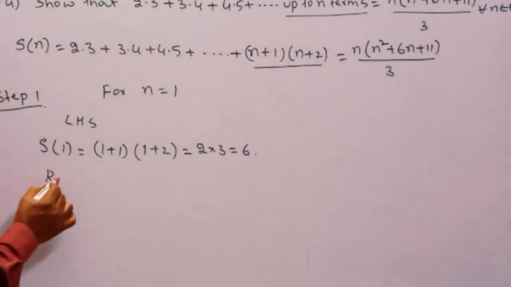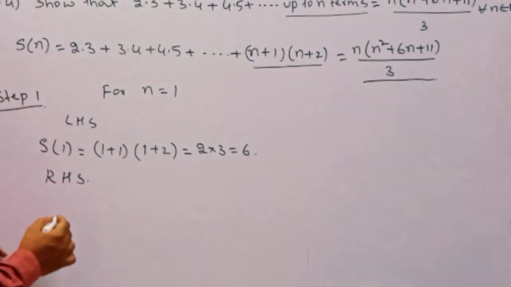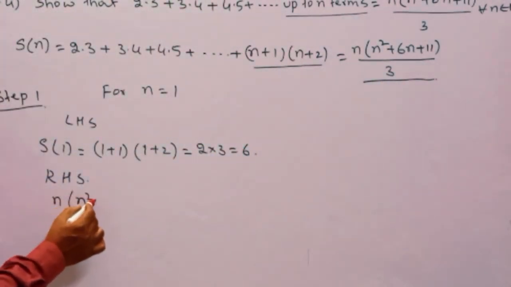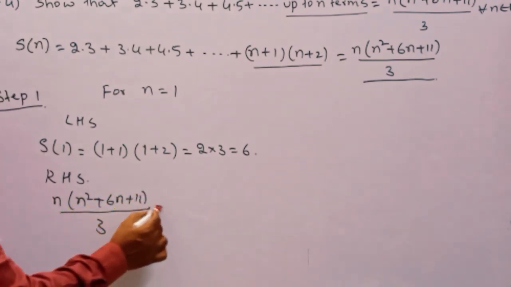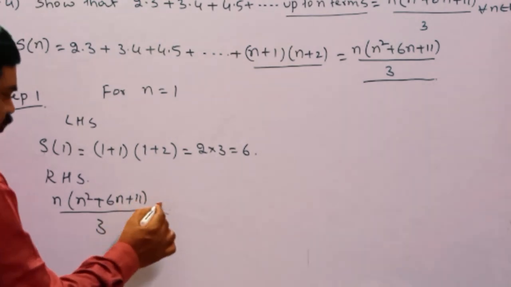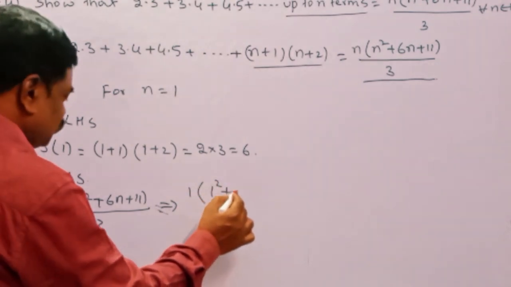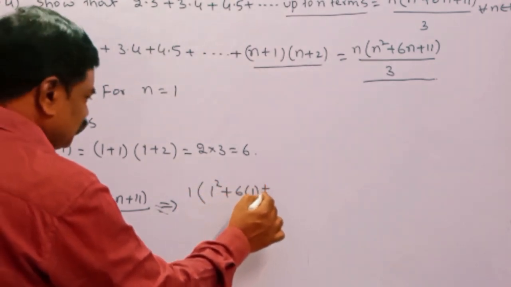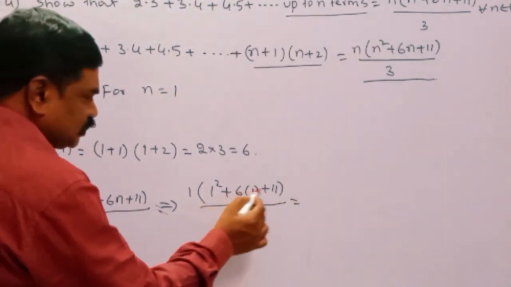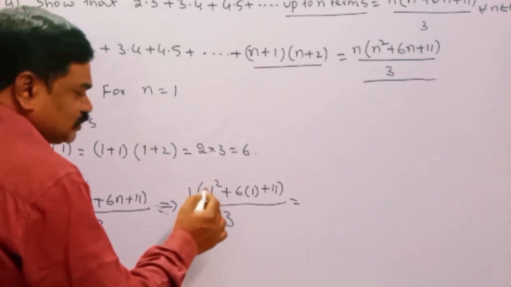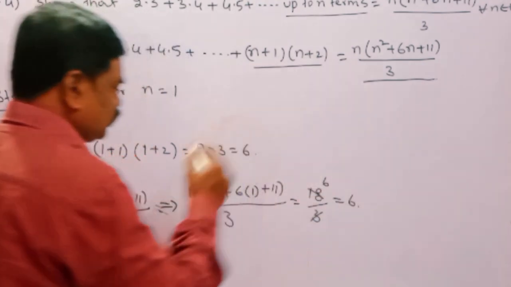Then RHS: n into n square plus 6n plus 11 by 3. For n is equal to 1, it is 1 into 1 square plus 6 into 1 plus 11 by 3, which is 6 plus 11, 17 plus 1, 18 by 3, equal to 6.